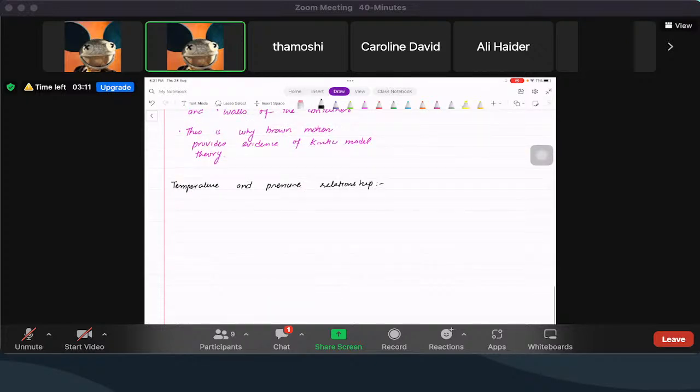When you see a container like this, if this is a gas molecule we are looking at, when the gas molecule moves with a certain amount of speed, it hits the container, and when it hits the container, it causes a force to be applied on it.